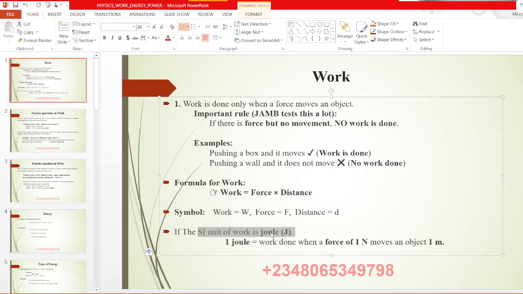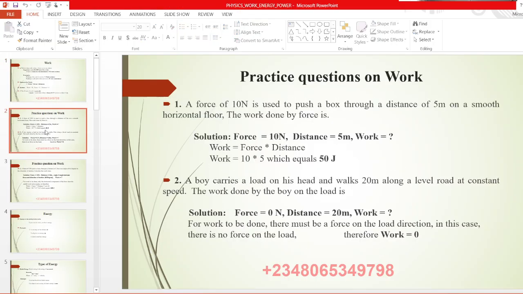So the SI unit for work is joule. Remember that for work to be done, there must be a certain level of force which moves an object or a body. Let's look at some practice questions on work.